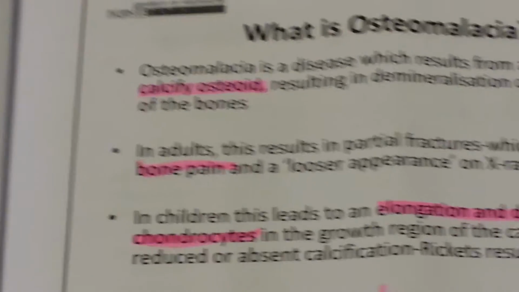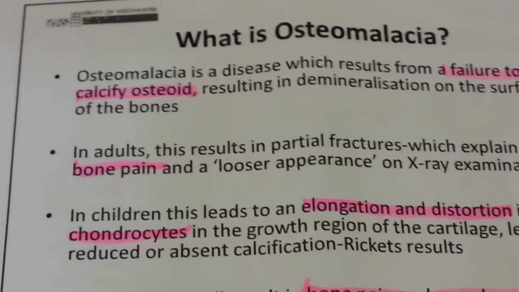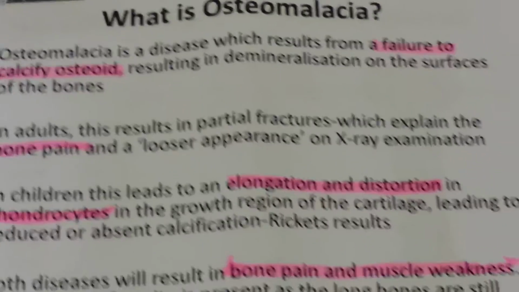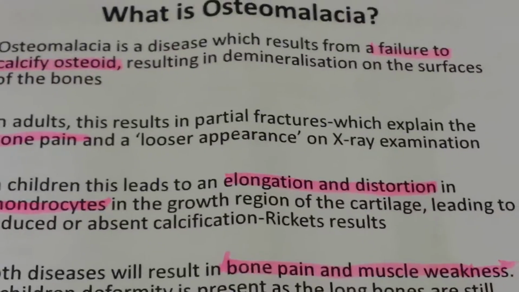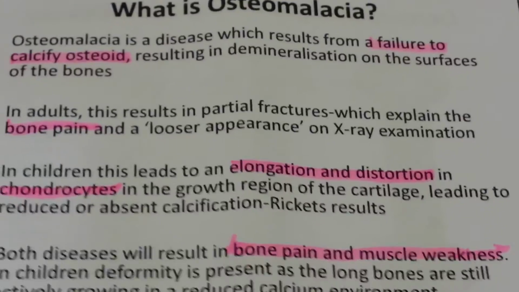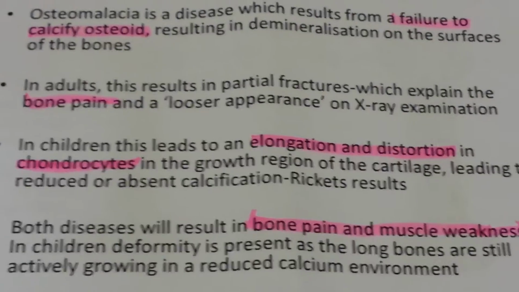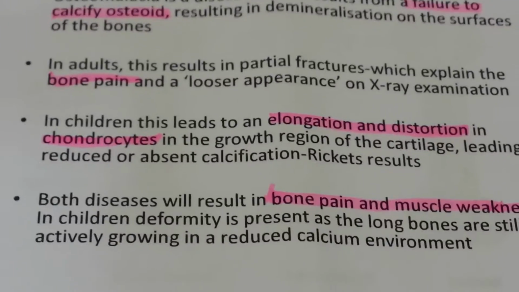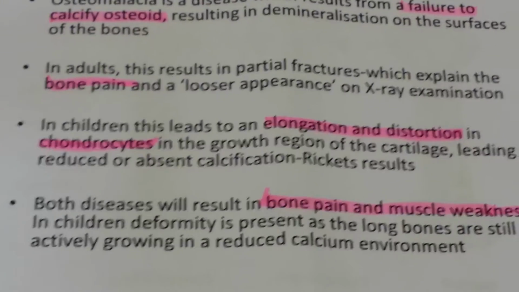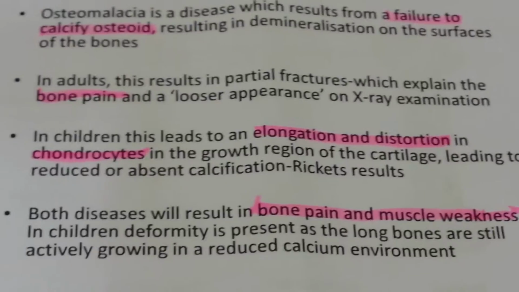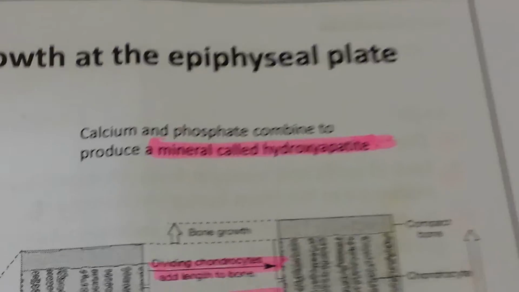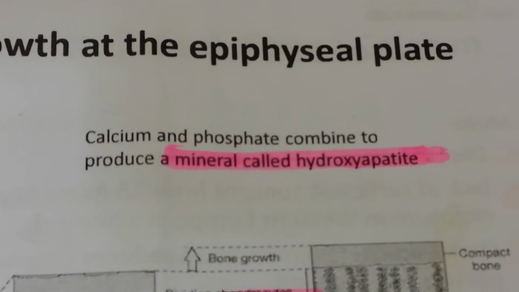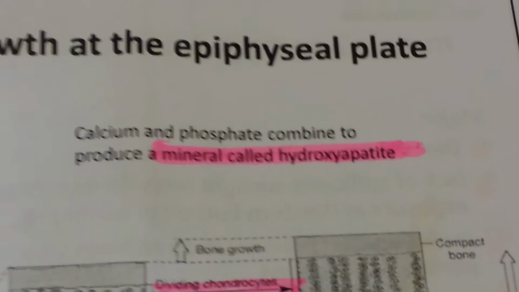What is osteomalacia? Osteomalacia is a disease which results from failure of mineralization of osteoid, resulting in demineralization of the surface of the bone. In adults, this results in partial fractures, bone pain, and a loose appearance on X-ray examination. In children, this leads to elongation and distortion of chondrocytes in the growth region of the cartilage. Bone growth, the epiphyseal plates: calcium and phosphate combine to produce a mineral called hydroxyapatite.